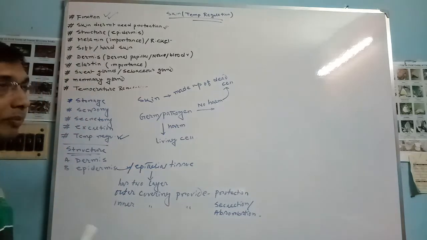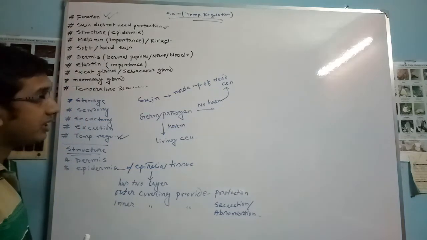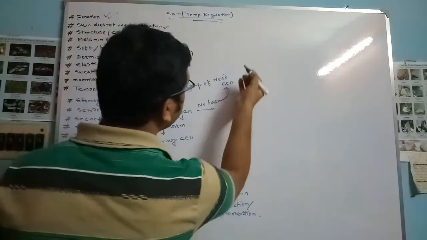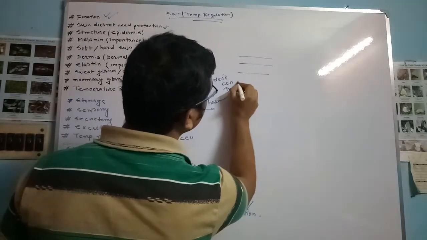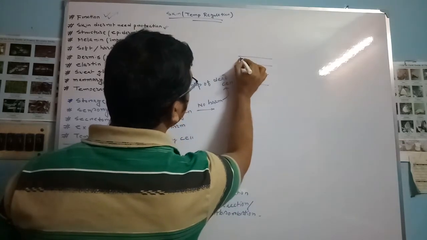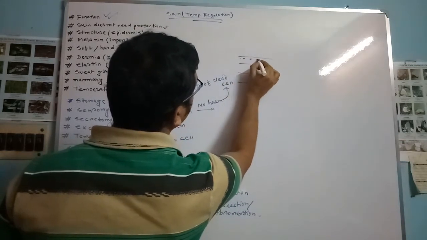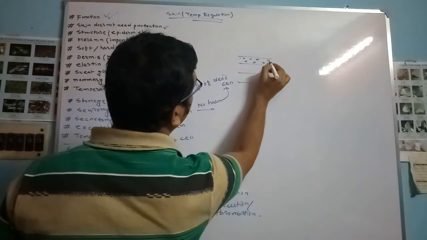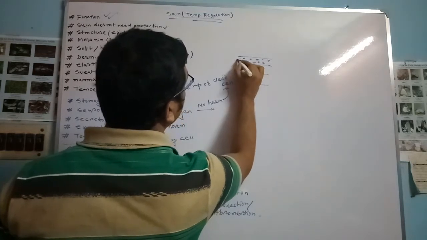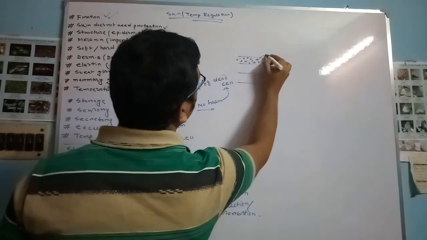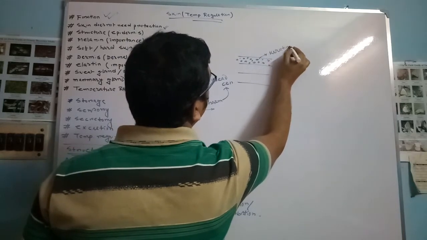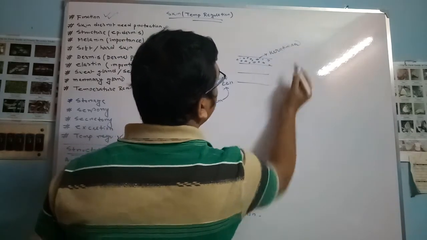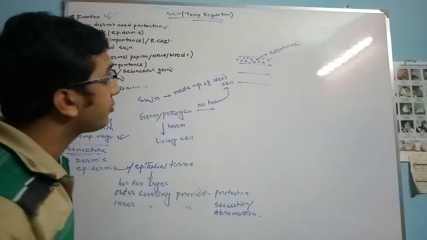Basically the epidermis has three layers. The outermost layer is made up of dead cells, the outer covering, that is keratinized cells, because it contains keratin protein.